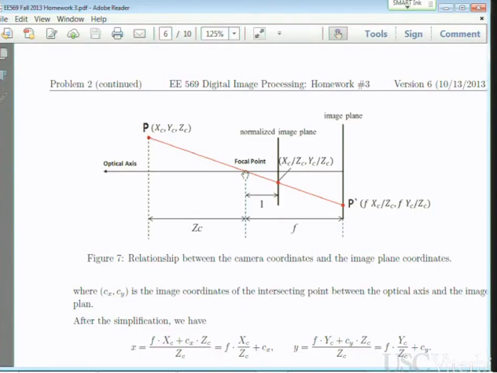Because this is a point, you have ZC equals 0, and so on, right? So this should be the origin of the previous derivation. So you start with this origin, then you can do the similar triangle derivation.